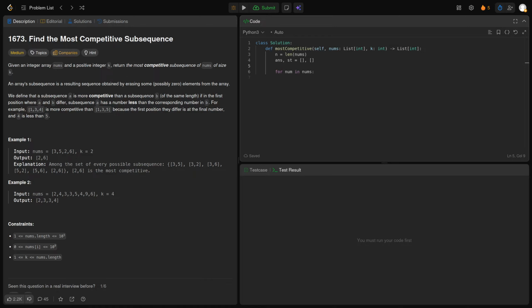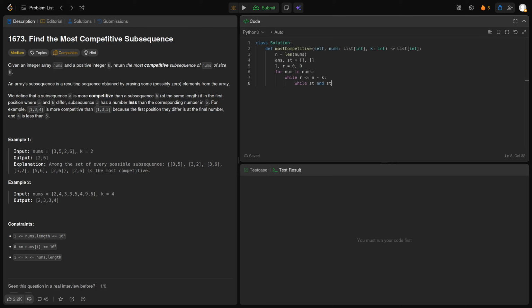So let's go L, and we also need R. And now while r is less than or equal to n minus k, we do this.